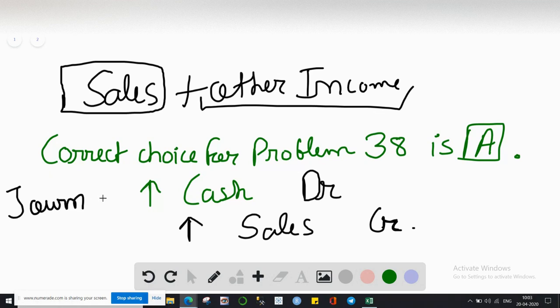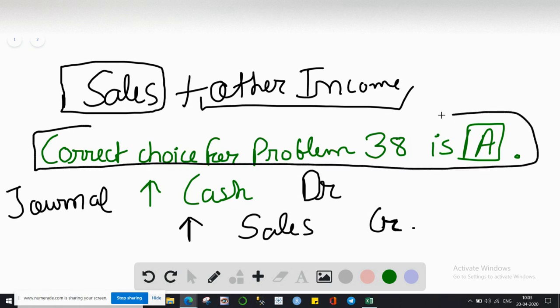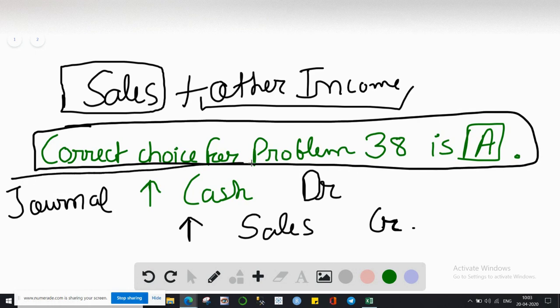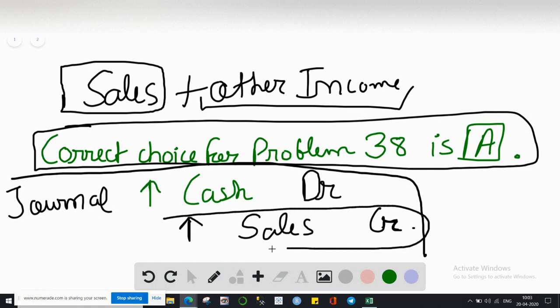You need to write everything I have written on both of the sheets in your notebooks, so that you will be able to understand what I went through to derive the solution. So the correct solution is this one. We will give a credit to the sales account, because there is an increase in revenue.